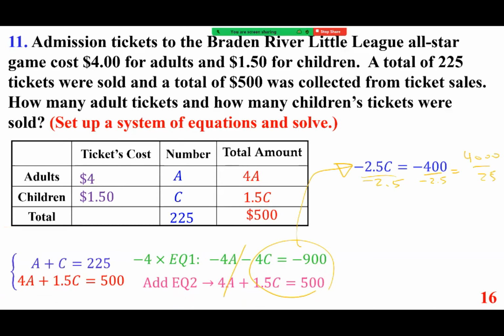Remember, negative over negative is positive. The answer is 160. So if this is 160, you're going to subtract it from 225, that's 65. And it's important to know that I use this one to get the missing A. So now you have to check with this equation to make sure you have it right.